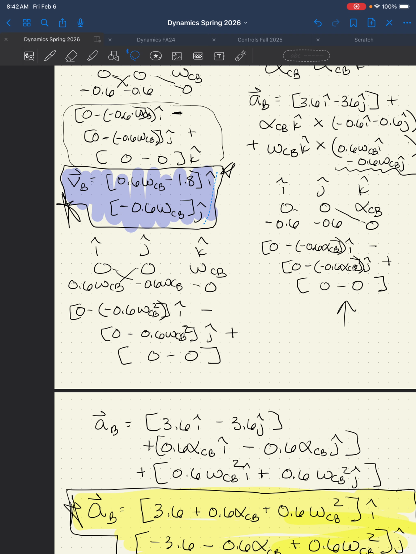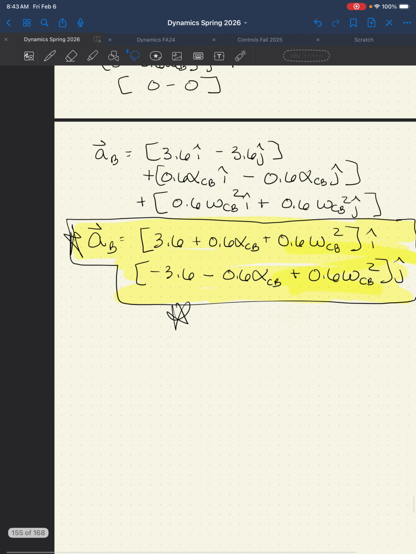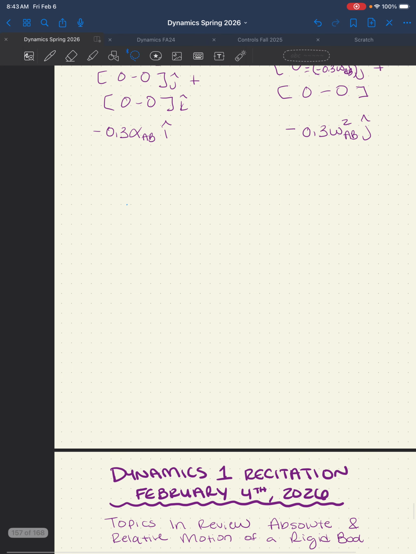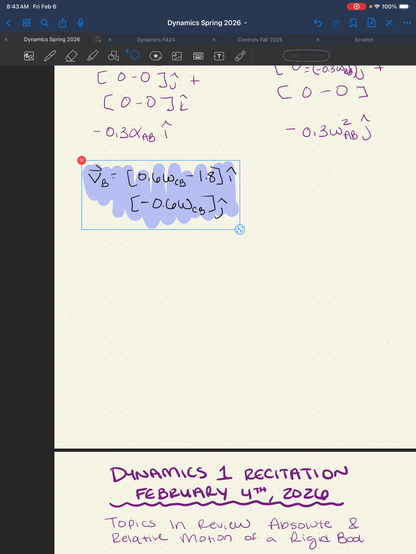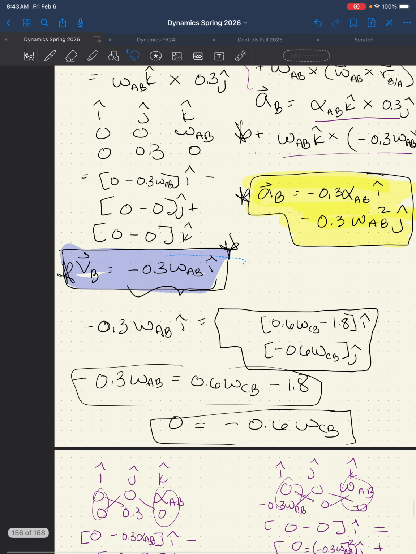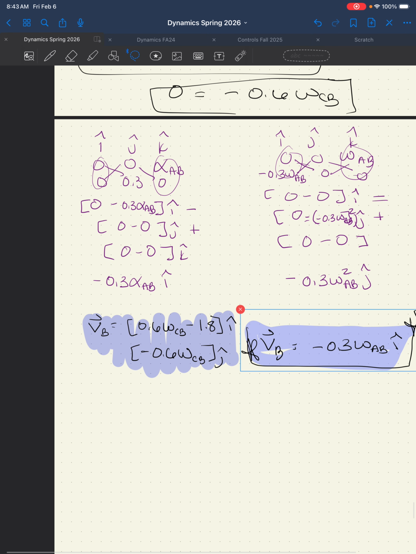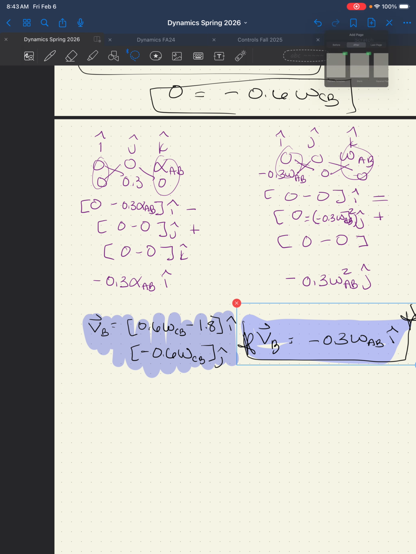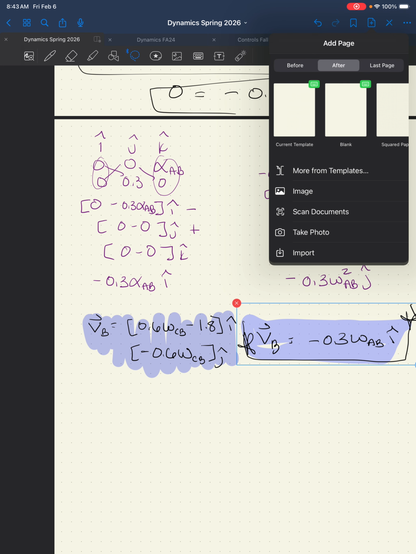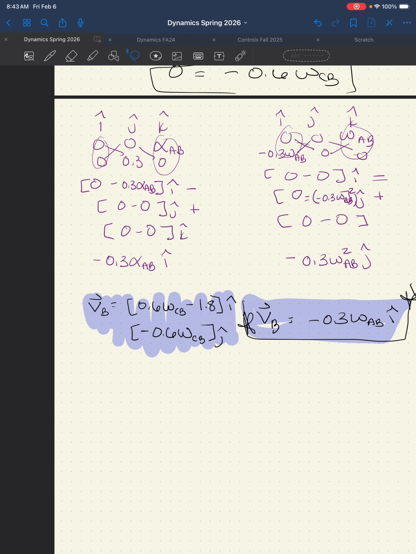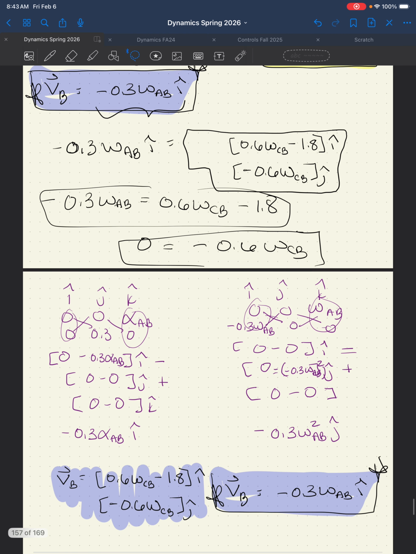I'm grabbing too much extra stuff. We'll do copy. Paste. Copy. Paste. Give myself some room to do algebra there. Get another page.